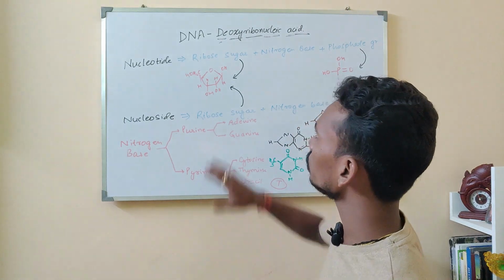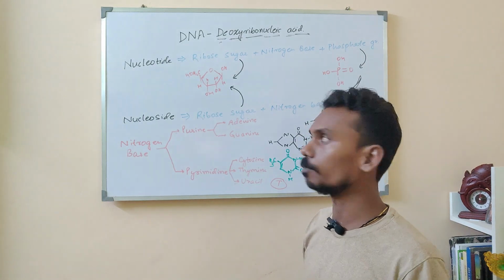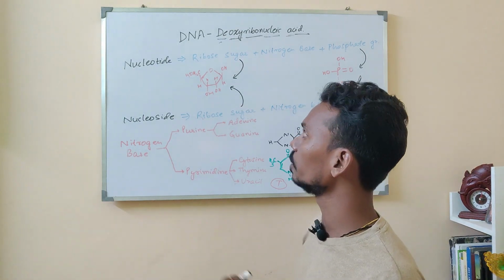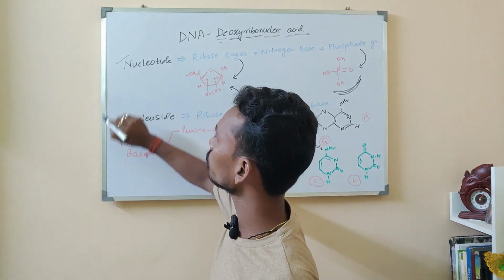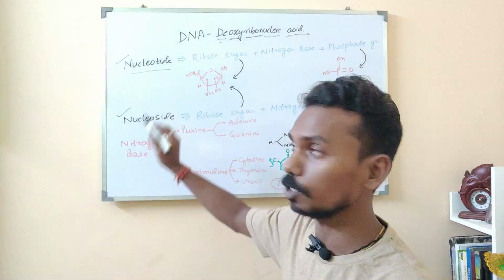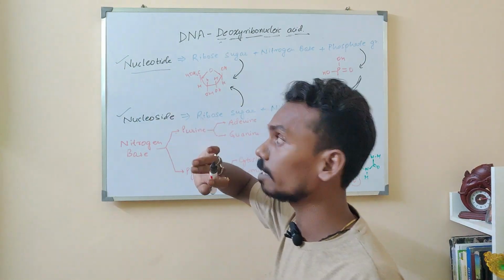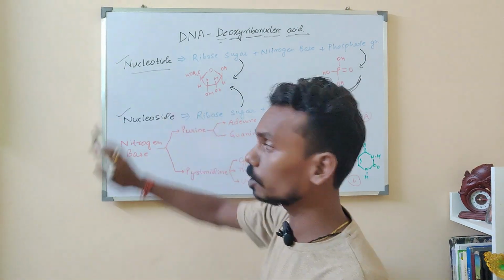If we talk about the DNA in more detail, then we will know about the nucleotide and nucleoside. So what is a nucleotide basically? As we know that DNA is a polynucleotide, so we have to know about the nucleotide.